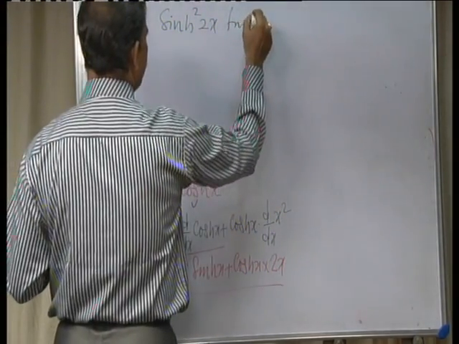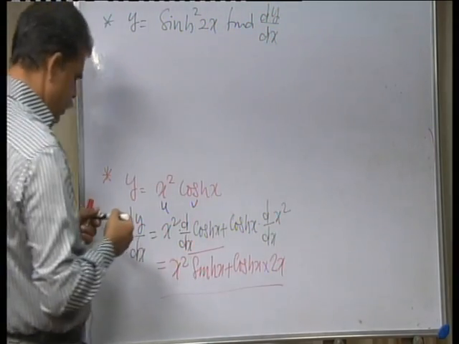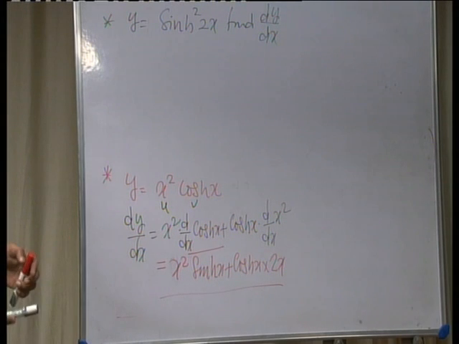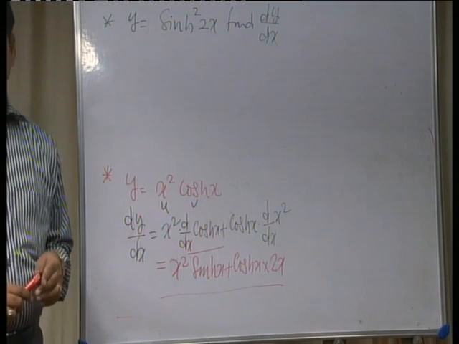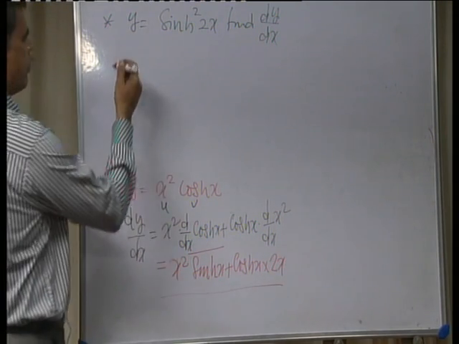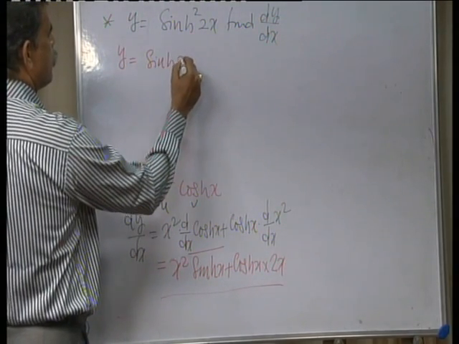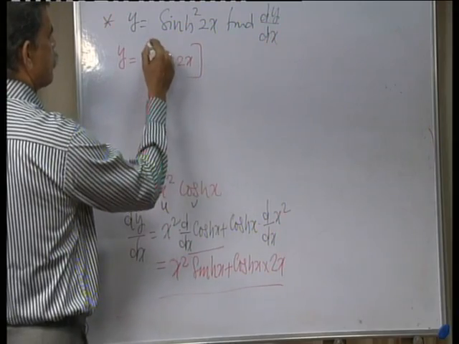Find dy by dx. Find dy by dx. What is the given function here? It is y is equal to sinh of 2x whole square.